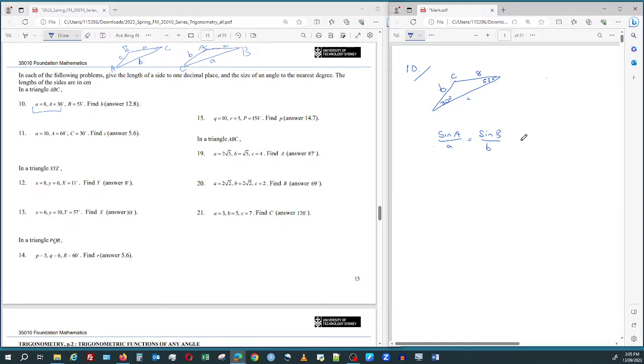So we're going to have sine 30 over 8 is equal to sine 53 over B. Now B is our unknown. So how are we going to make B the subject? Well, you've got to times by B, haven't you?